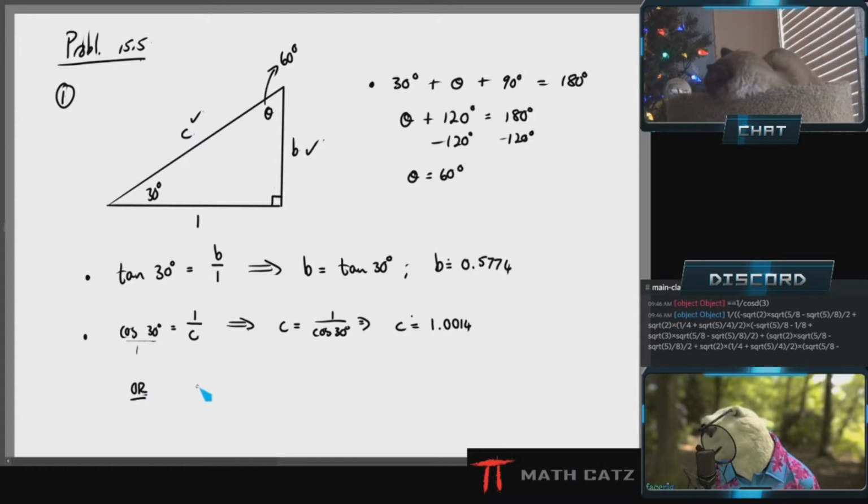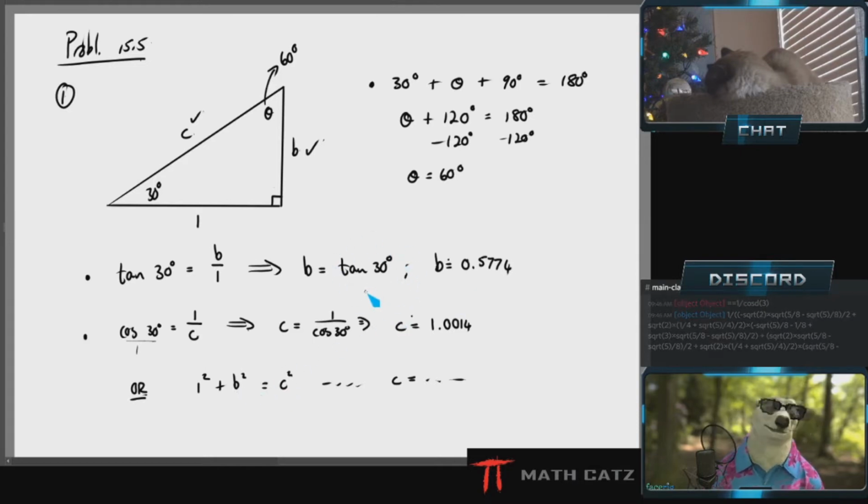I could have gone here and used Pythagoras because I have two of the three side lengths, and I can say 1 squared plus b squared equals c squared, and then find C, and it would be the same. Just be careful, don't use a rounded number for a future calculation. So when I use B in this calculation, I have to use all the decimals, or as accurately as I can.